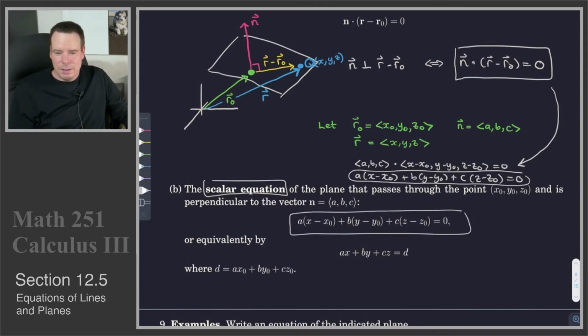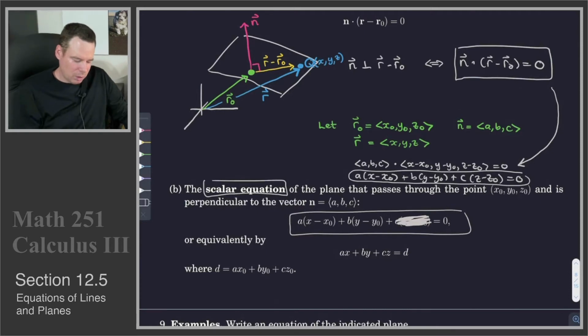And so you can see the parallels in 2 dimensions. Equations of lines are essentially things like y equals mx plus b, or in the most general form, an equation of a line would be essentially an equation like this, but there would be no z coordinate. There'd be no z component. So this would be the equation of a line in 2 dimensions.